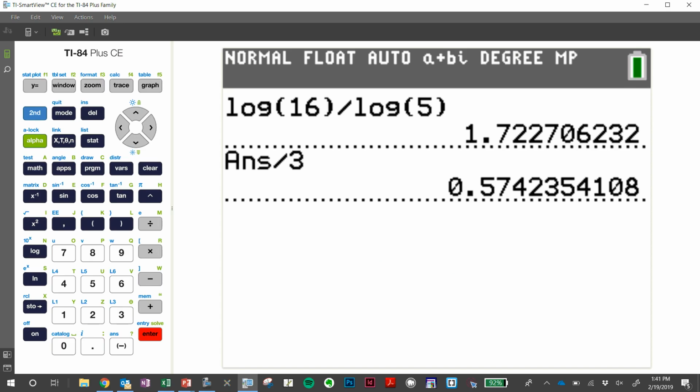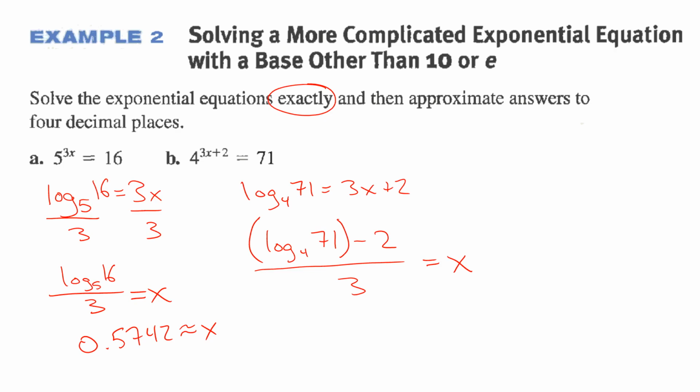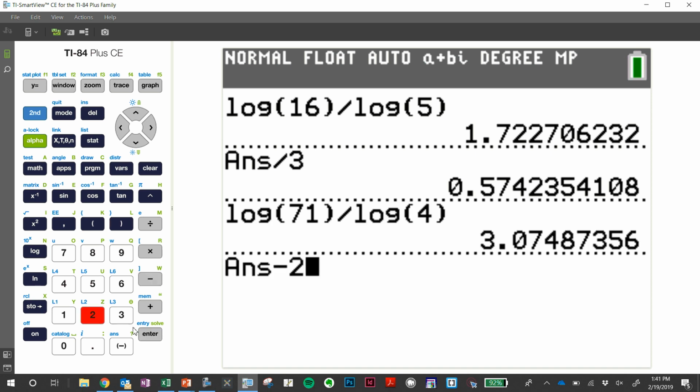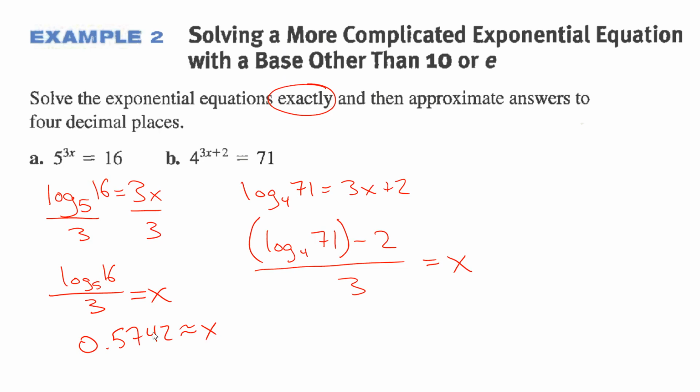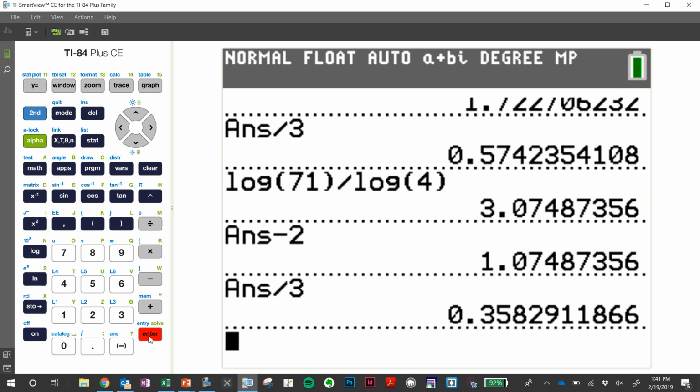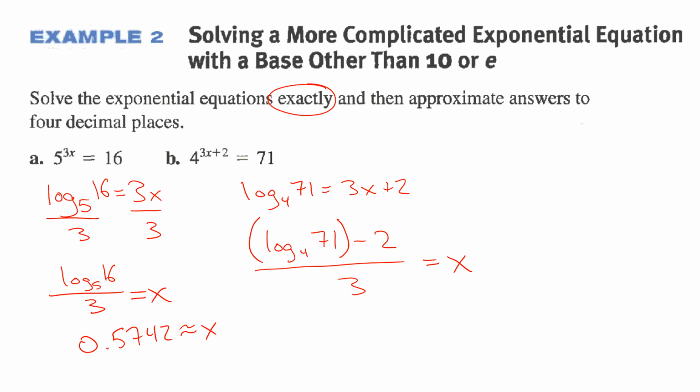Log base 4 of 71, we're going to say log 71 divided by log 4, and minus 2. And then we needed to divide by 3. So 0.3583 is approximately equal to x.